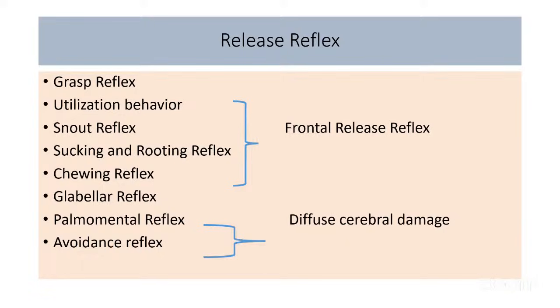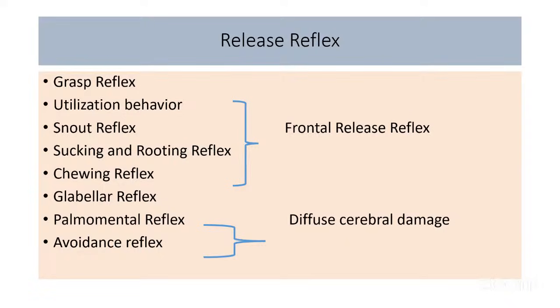For glabellar reflex, we stand behind the patient and tap on the forehead. Normally, after 2 to 3 taps, they'll stop blinking. That is the normal reflex, but in Parkinson's patients, it will not stop.